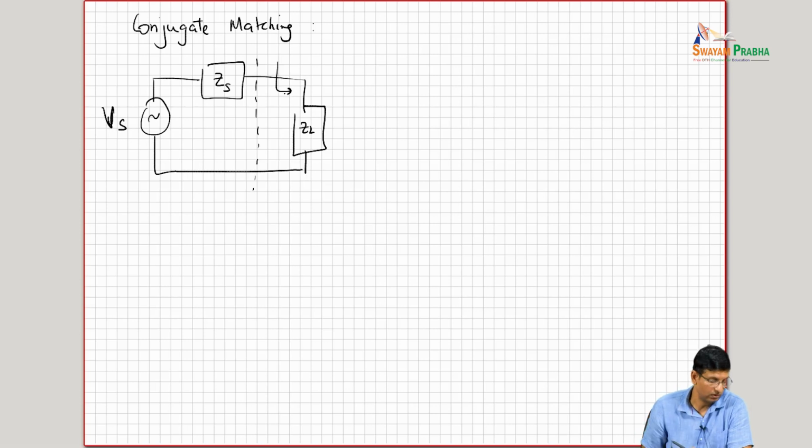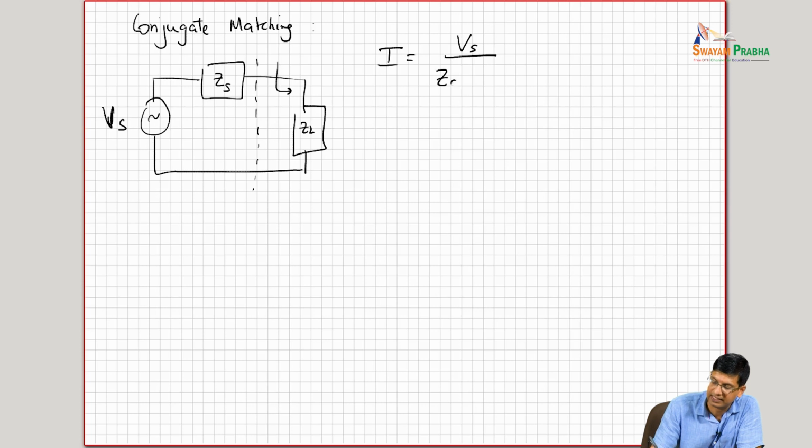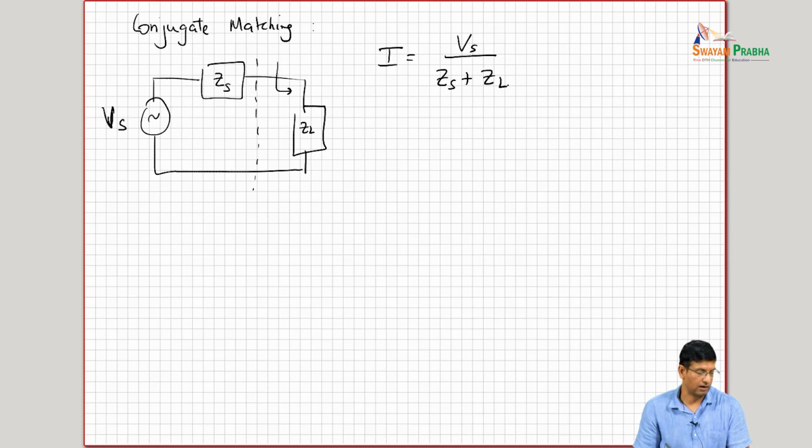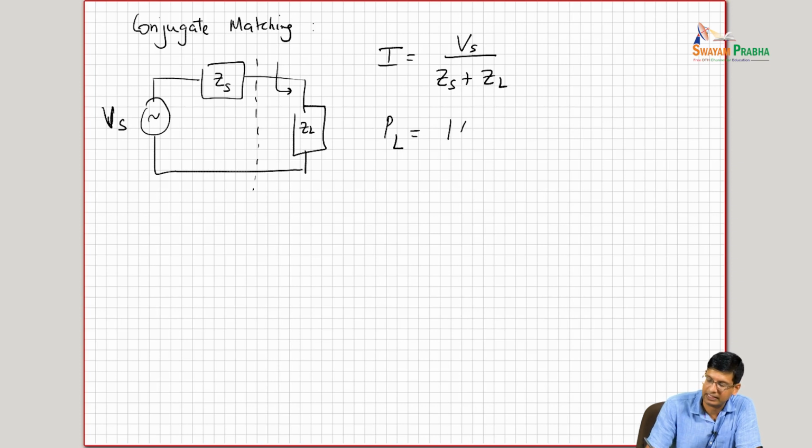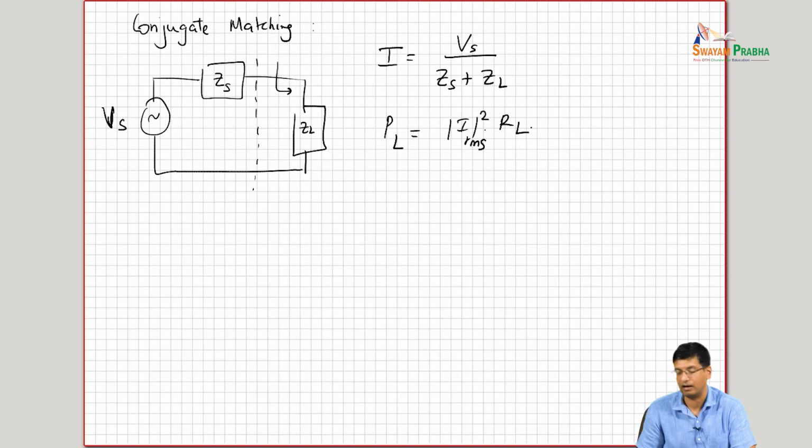into this load, right? So we know that the current is going to be Vs divided by Zs plus ZL, right? And we know that the power that will be in the load will be I squared, I guess I RMS squared, times RL, where RL is the real part of the load, right?